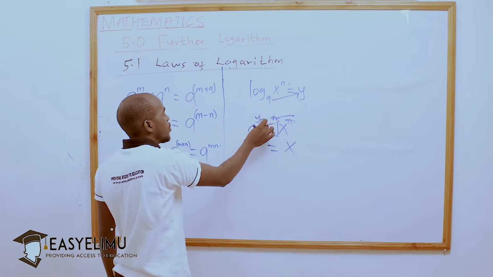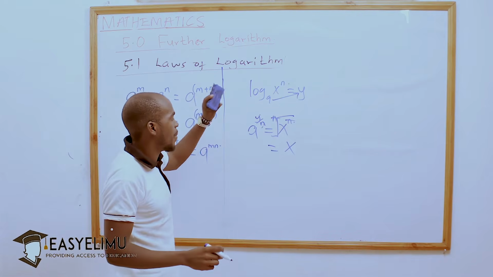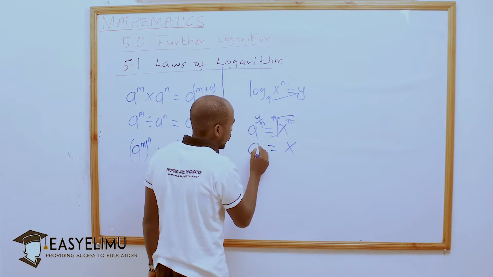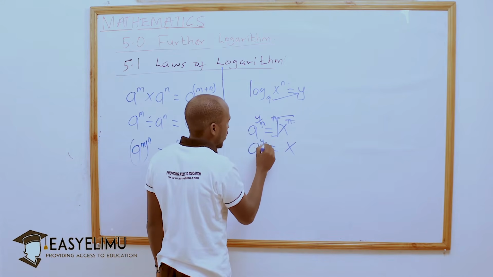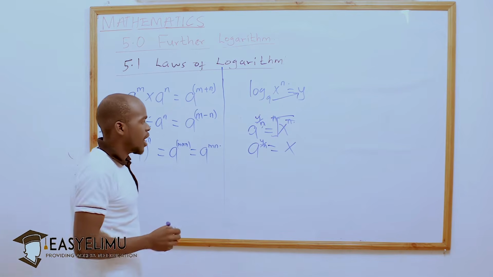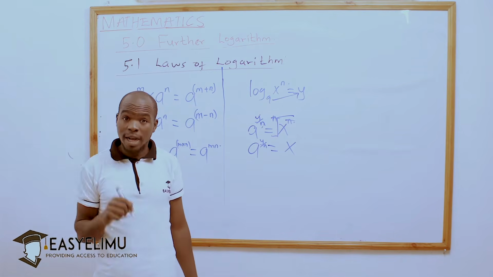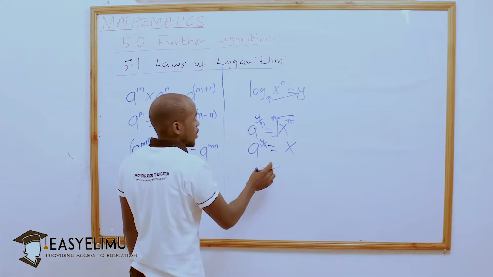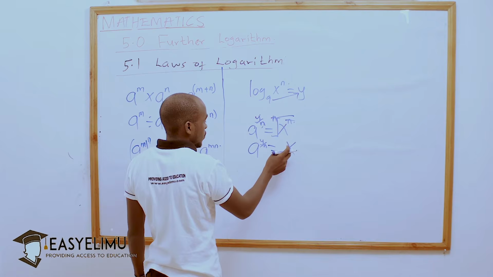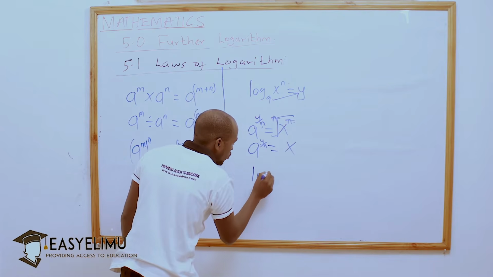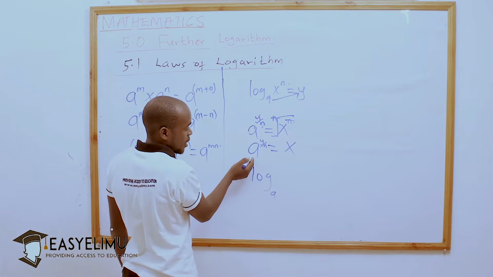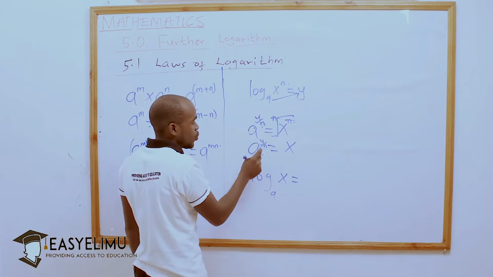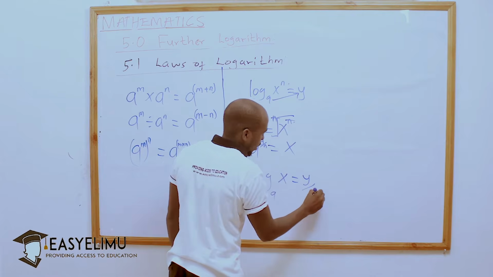So it's a^(y/n). After getting that, we can write it back to logarithmic notation and say that this number will give us x. So it will be log to the base of a, because that is our base, of x is equal to y over n.